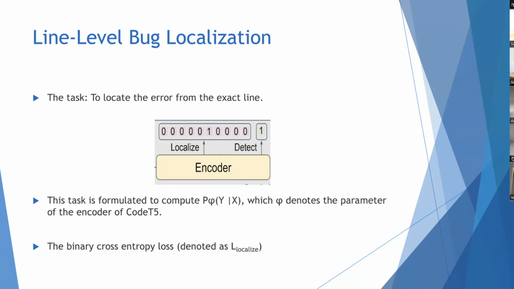First the function is detected whether the given function is buggy or not. Then it checks line by line whether each line is buggy or not. So it's checking each line, and it is labeling with a binary label: if it's buggy, then it's 1, and if it's not buggy, then it's 0.